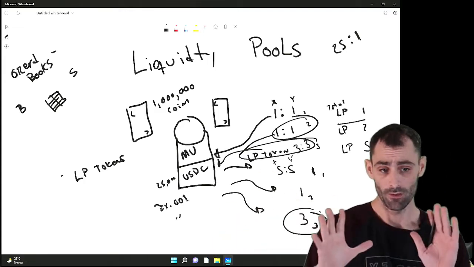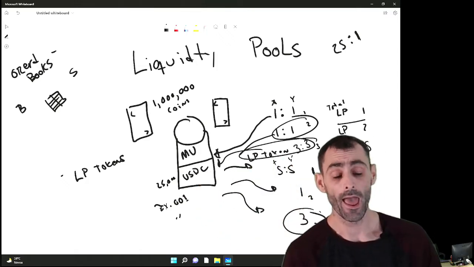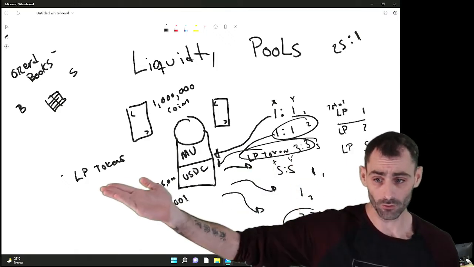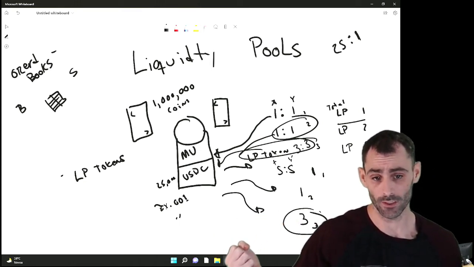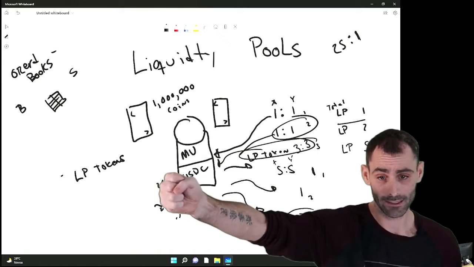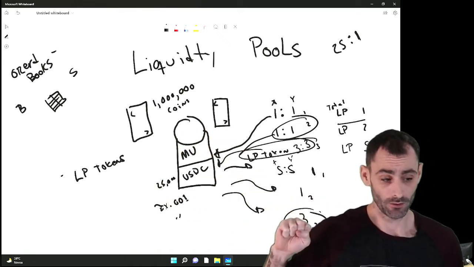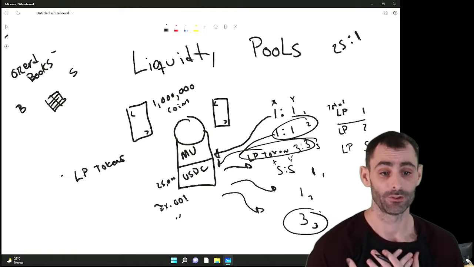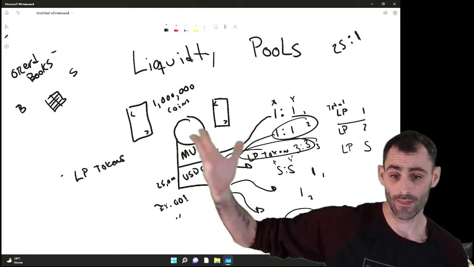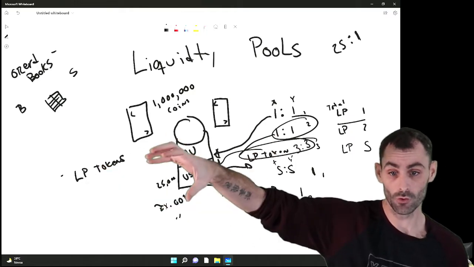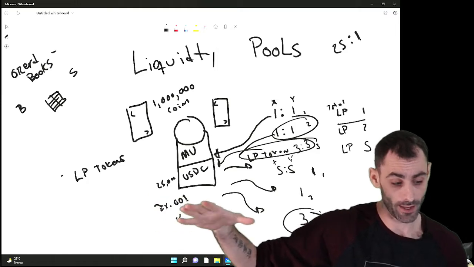Okay? So you need to know that liquidity pools have their own tokens, and the token holders that hold these liquidity pool tokens are the people that can give them back to the liquidity pool, remove the assets from the liquidity pool, and get those assets back. That is the function of liquidity pool tokens. They are minted whenever more liquidity is given to the pool, and they are burnt, they are destroyed.